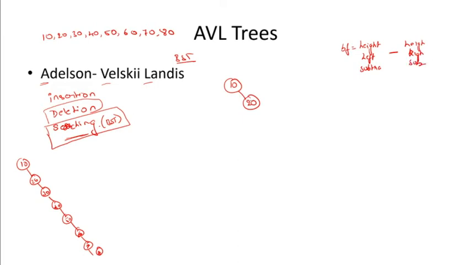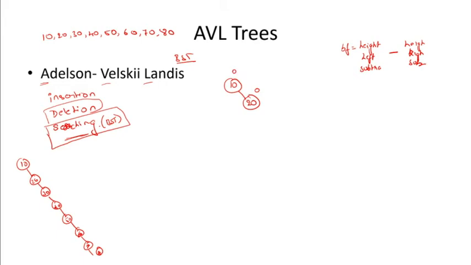Okay, just look here. Number of nodes available in the left subtree, you have 0 nodes, so you can say height is 0. To the right subtree, there are no nodes, so height is 0. 0 minus 0 is 0. So 0 is the balance factor of 20. In the same way, look here, number of nodes in the left subtree is 0.